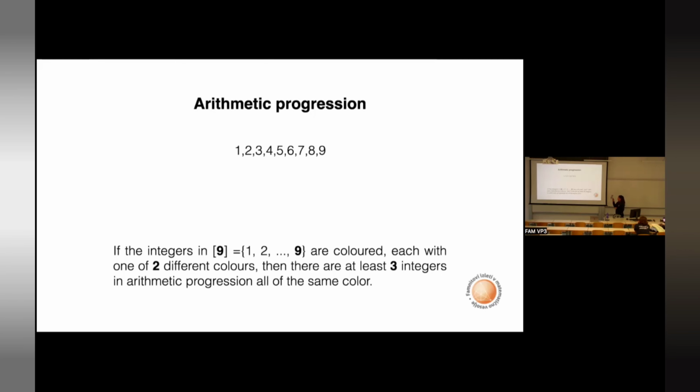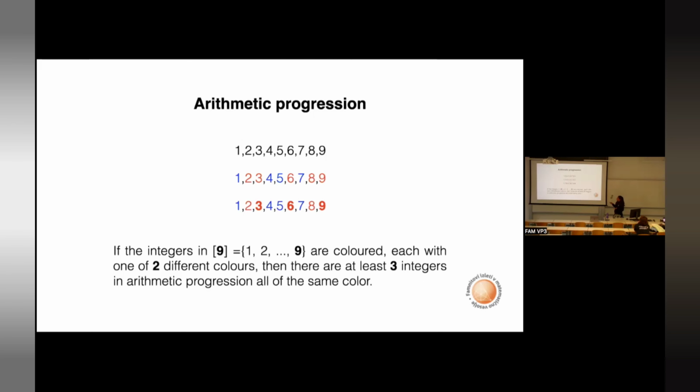So let's color these 9 numbers with 2 colors, and no matter how I color them, can I find 3 integers that are in arithmetic progression? In this case, yes. If you check 3, 6, 9, they are in arithmetic progression.